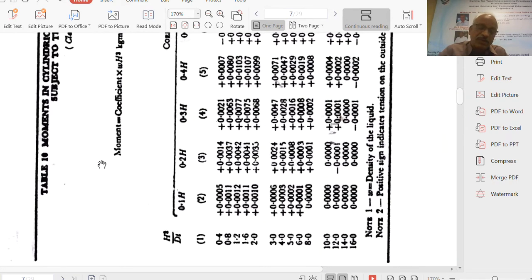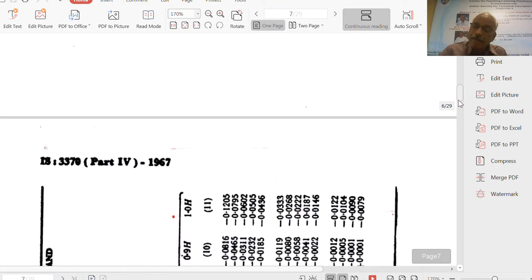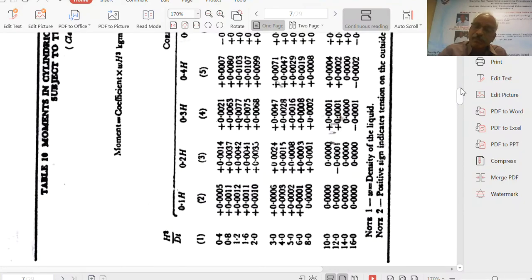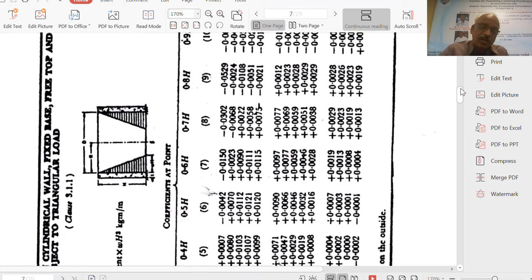Table 10 is moments in cylindrical water tanks subjected to triangular water pressure, for a tank with fixed base, fixed top, free top, and so on.